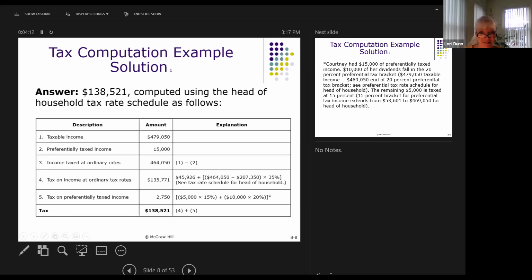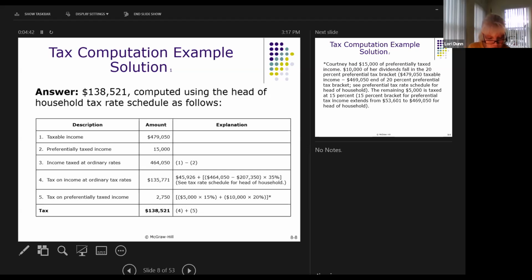So we needed to know that. We would go to head of household, Schedule Z. Now her taxable income is $479,050, but subtract $15,000 because those will be taxed at preferential rates. So we're going to figure out the tax on $464,050 using that tax rate schedule in Appendix D.